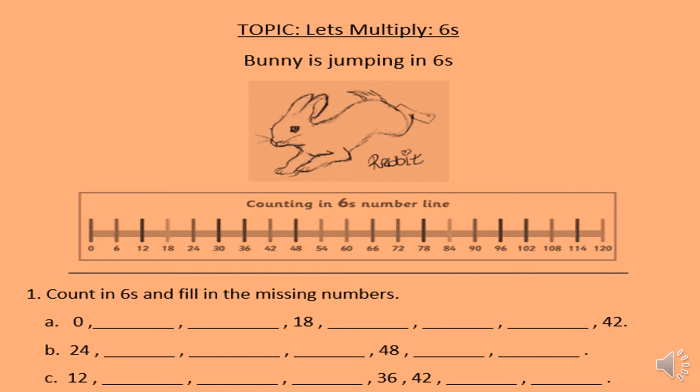Then 36 plus 6 is 42, 48, 54, 60. C part starts from 12, then the next numbers will be 18, 24, 30, 36, 42, 48 and 54.